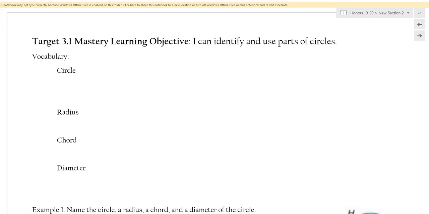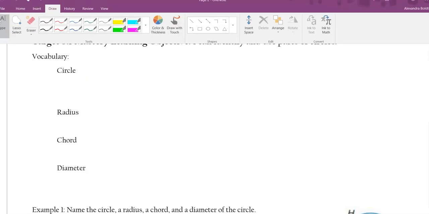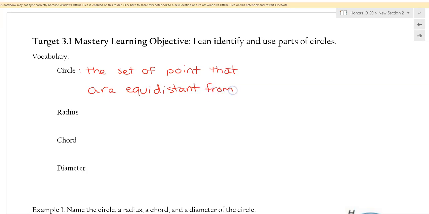And the actual math definition is the set of points that are equidistant from a specific point, and that specific point is the center.